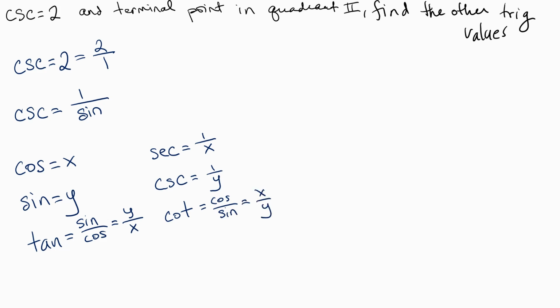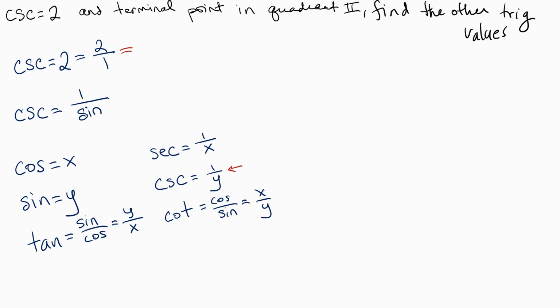Okay, so using these values, we're just going to start putting the pieces together. We know cosecant right here is 1 over y, right? We also can look at this value and say that we have the inverse in our cosecant.